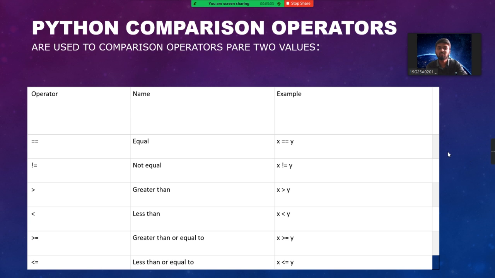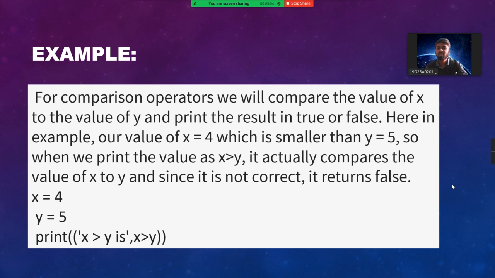We will see a simple example: x is equal to 5 and y is equal to 5. Print x is greater than y. For comparison operators, we compare the value of x and the value of y and print the result as true or false.